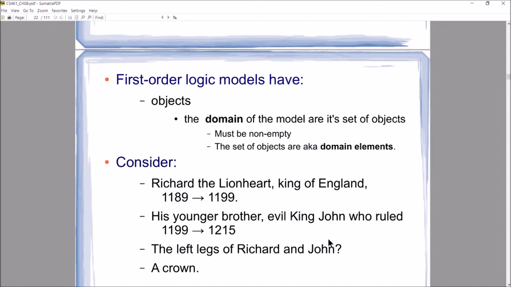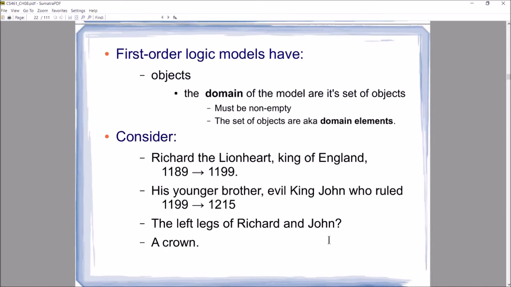But let's see here. I'm going to show you a figure in a second that lays out in graphic detail what a particular model could look like. But let's consider a few objects here. Say we have Richard the Lionheart, King of England from 1189 to 1199. Fine. We've got his younger brother, evil King John.